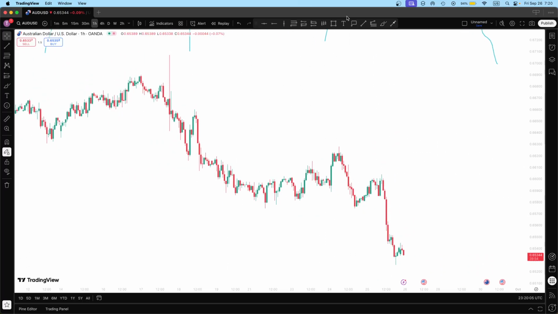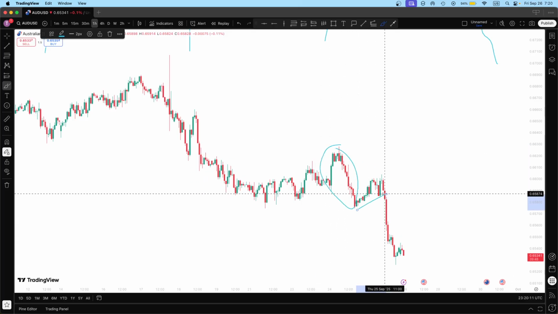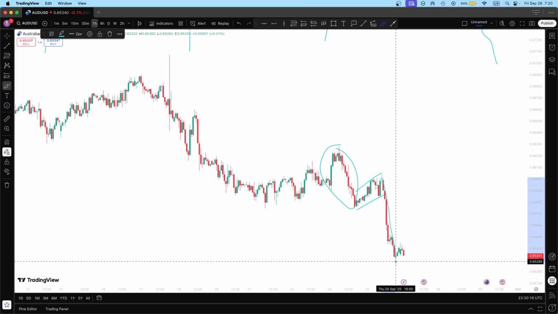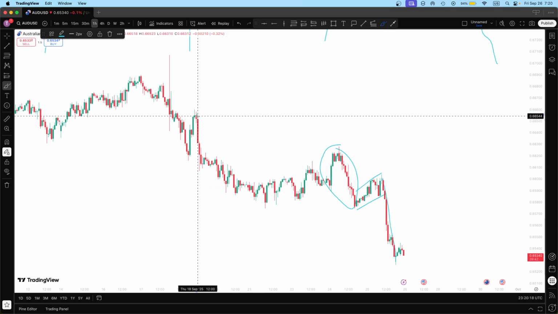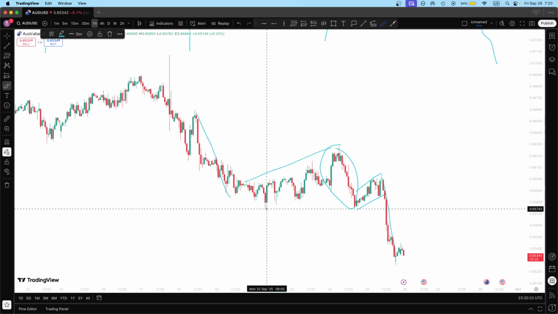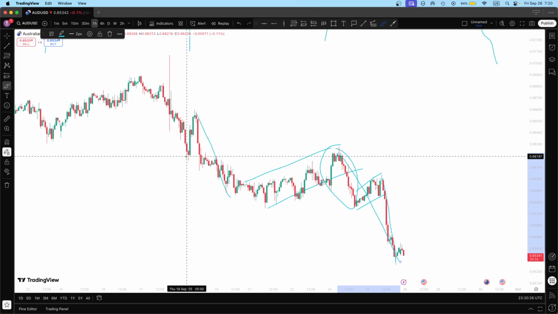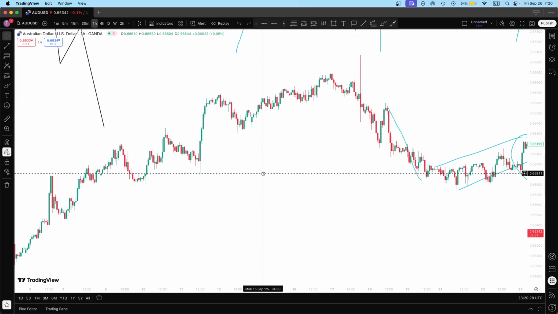Something like this. At this point, this was one impulsive move, and this is a corrective move, and this was the continuation. Same thing here. This was the impulsive move, this is the bigger corrective, and this is the impulsive. So market is always in that point.